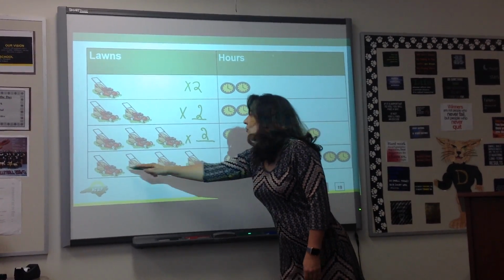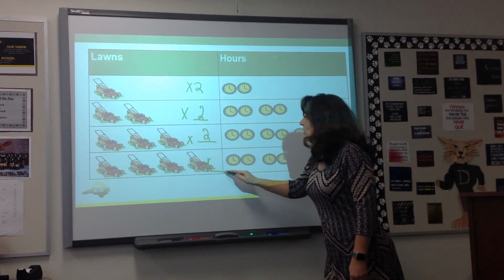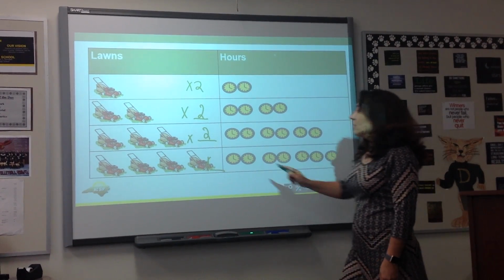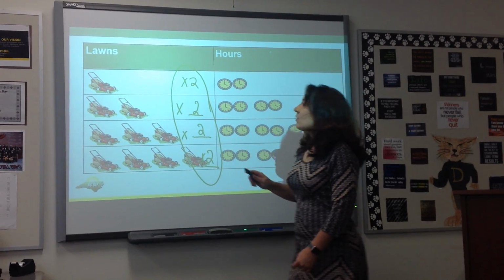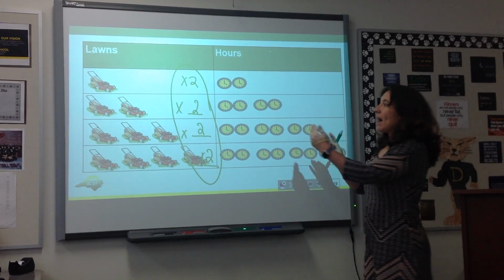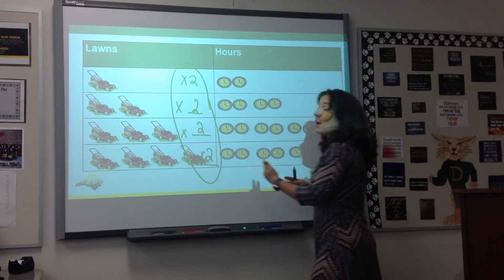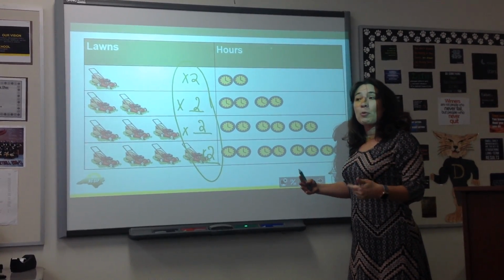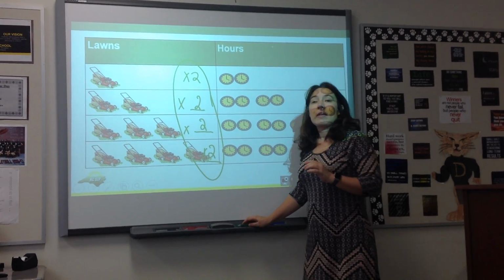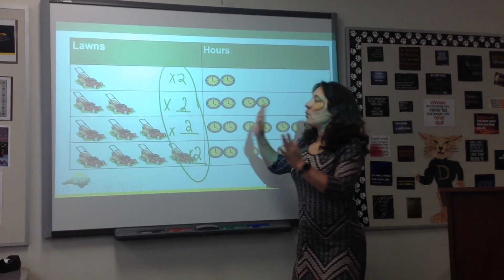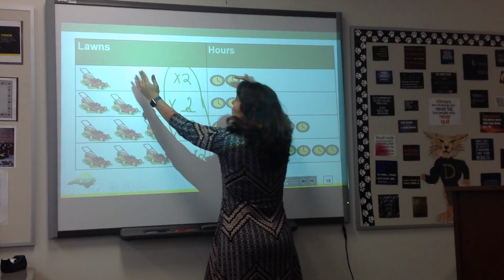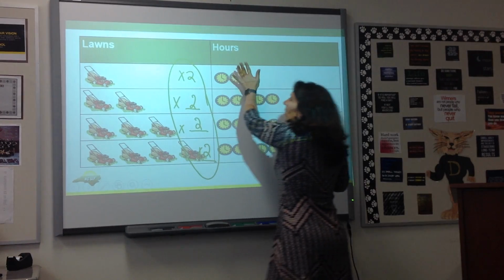And you guessed it, 4 times what gives me the 8? 2. This constant, the fact that I'm multiplying by the same value every time, is what leads students to slope when they get into 7th, 8th grade in Math 1, developing that idea of slope. But notice that it's the relationship across, the relationship between lawns and hours.